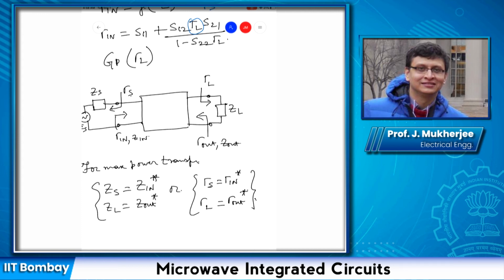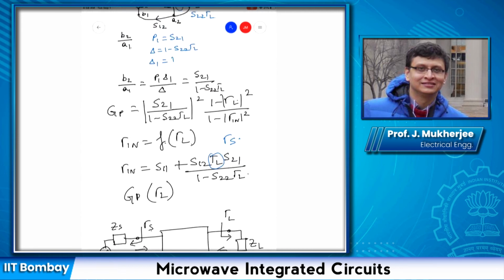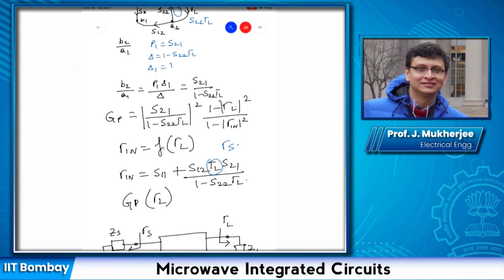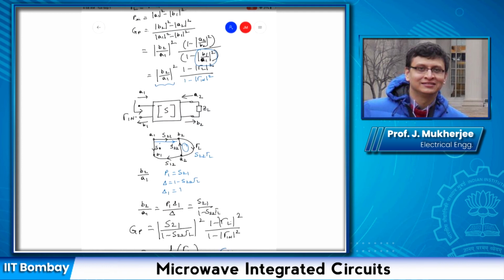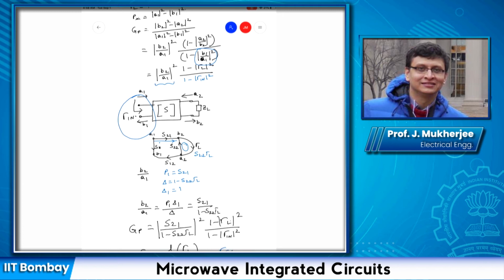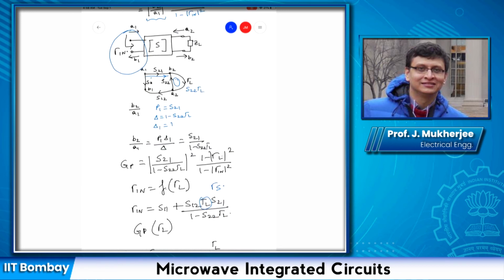So you see, coming back to our design using GP, if you fix the value of GP to a certain value, then you still have this input matching problem. To do that, you fix the value of GP using a certain gamma L, then you calculate gamma in, and then you fix your gamma S equal to gamma in conjugate.